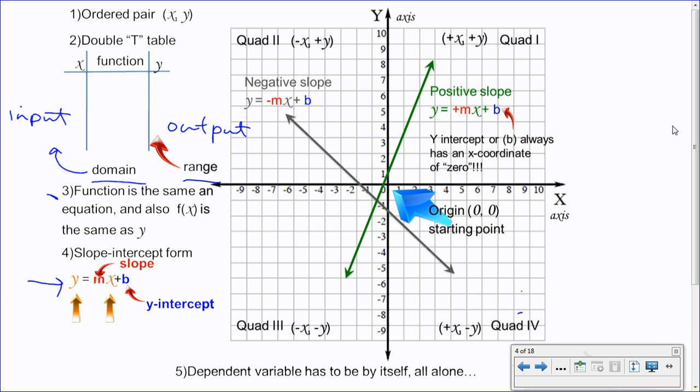Okay, so also, there's another way that you're going to see it. In most cases, you're going to see f of x equals 2x plus 6, something or other like that. Okay? F of x is the same thing as what? It's the same thing as y. Okay?